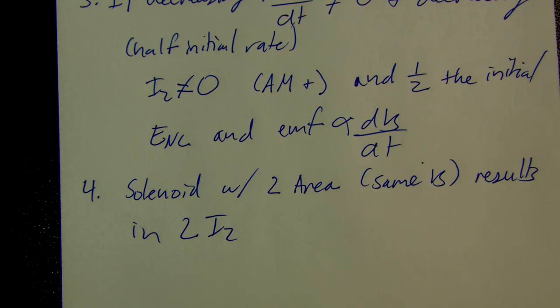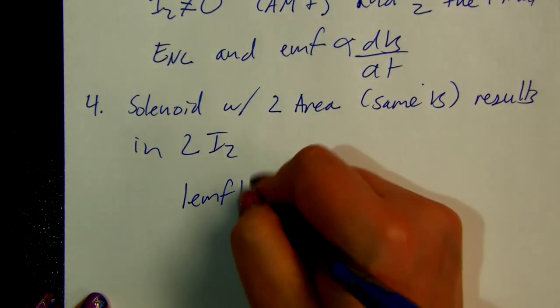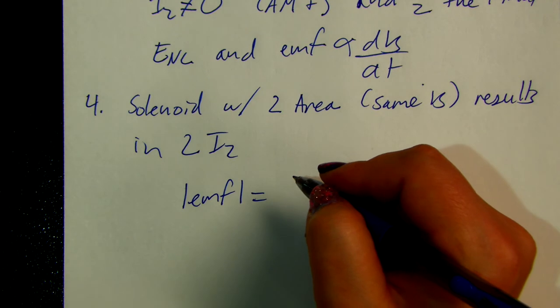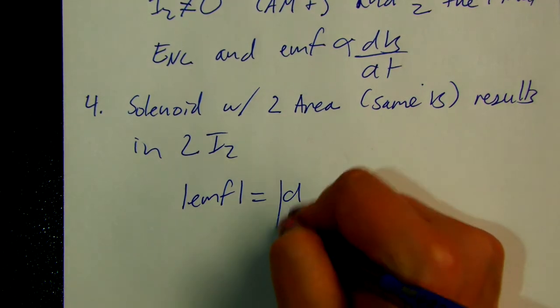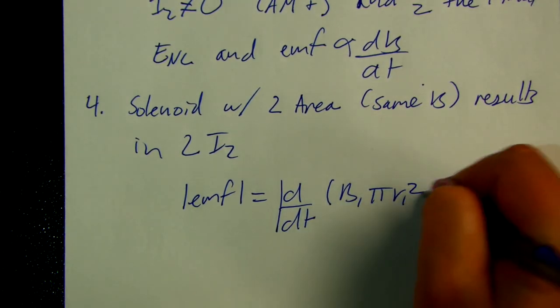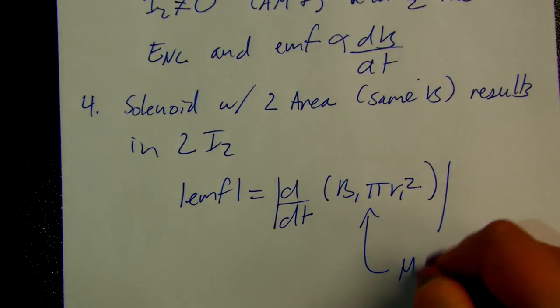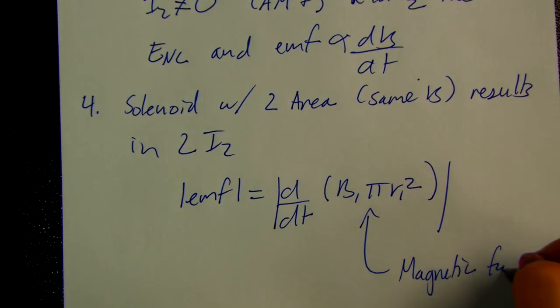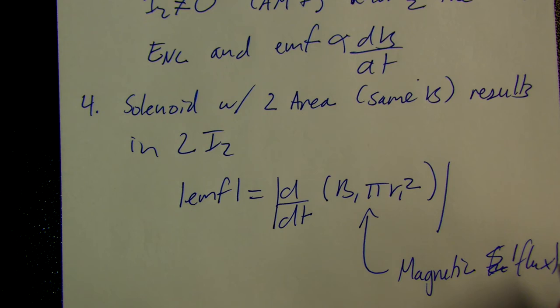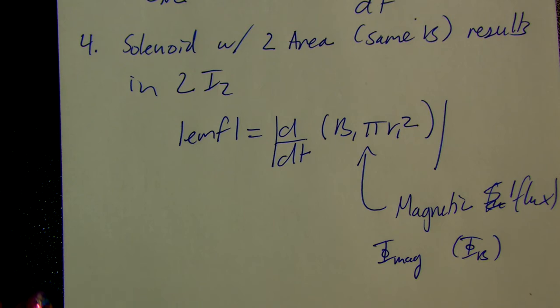So what we get from this is that EMF, or the magnitude of EMF, is equal to d/dt of B1 π R1 squared. And this portion is magnetic flux, written as Φ_mag. I've also seen it written like this as well.